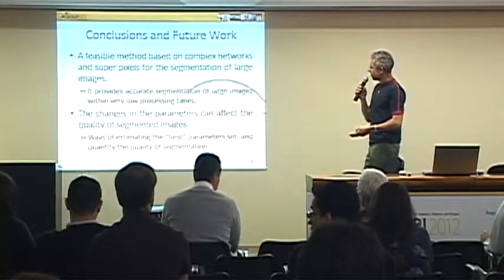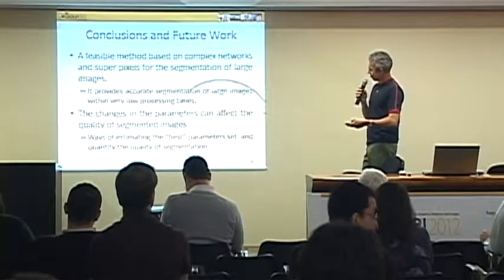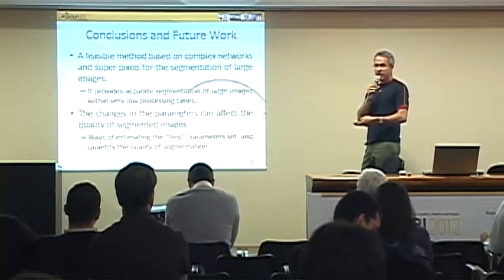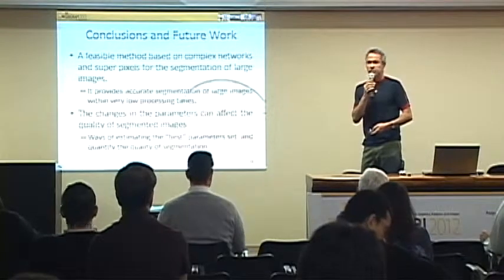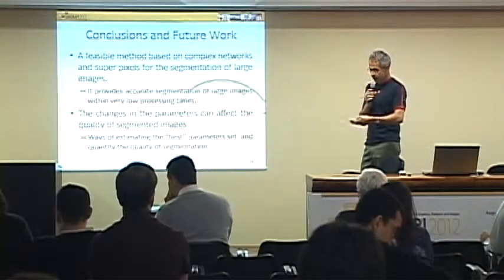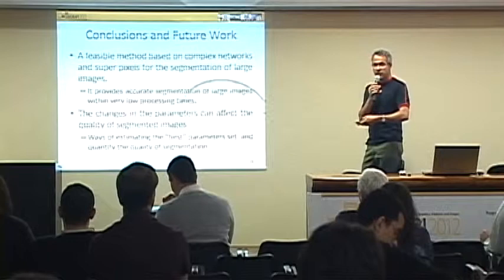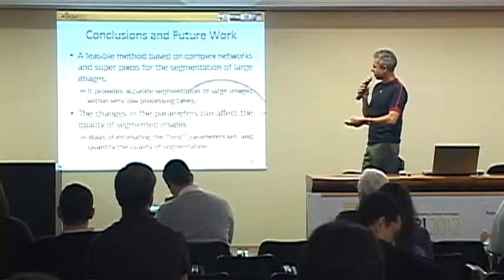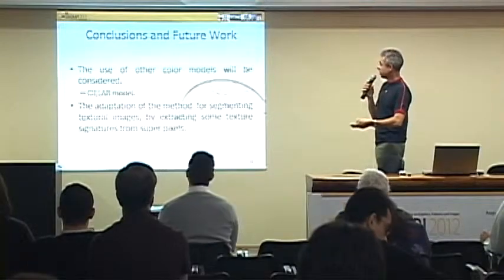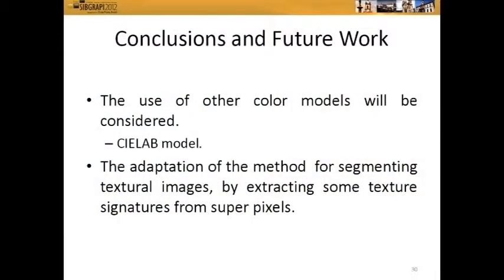The other thing is, we've provided some results on gray level and colored images. What about replacing and shifting these things to texture? This is something we are looking at now, and it seems quite promising.